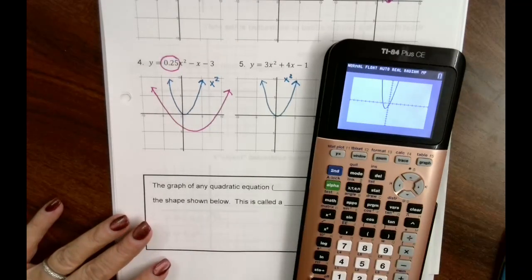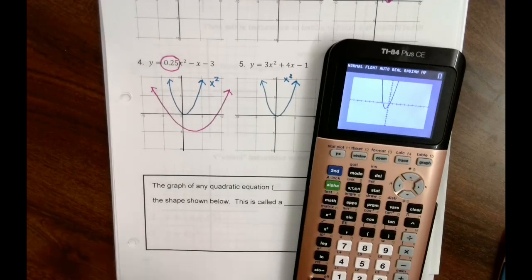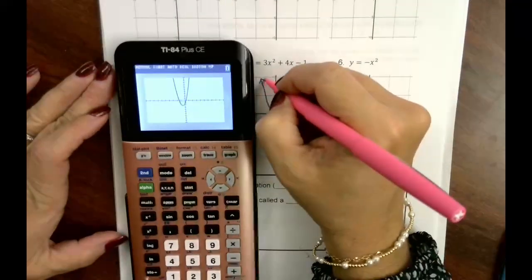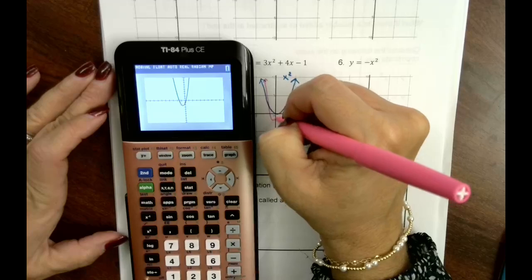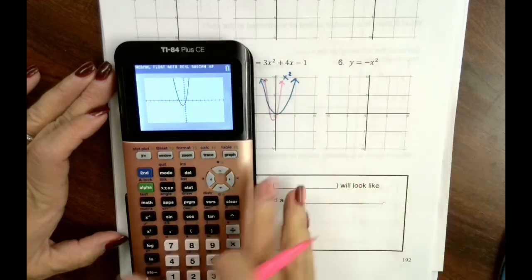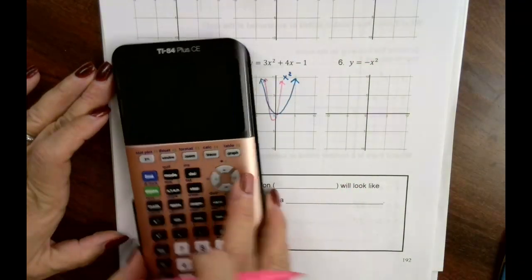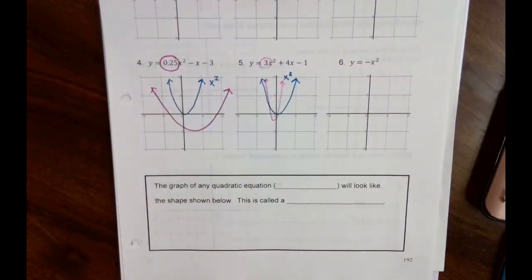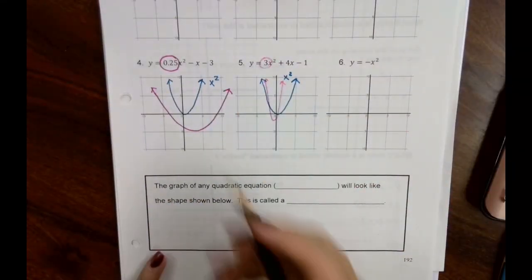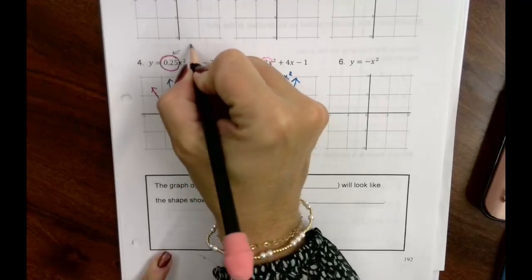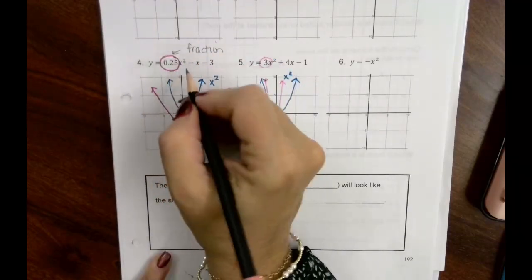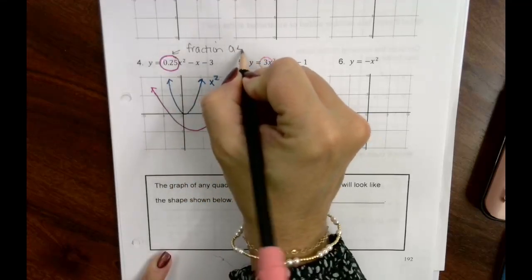Okay? And what we see on this is going to look more like that. Okay, so here's a takeaway on this, and we're going to talk more about this in a minute. So this is a fraction. This is less than 1, so the a value is less than 1.